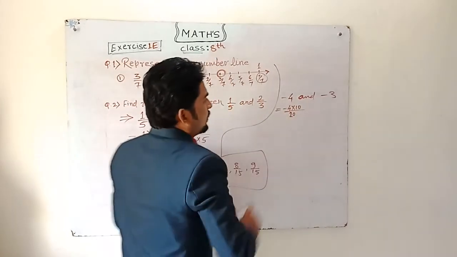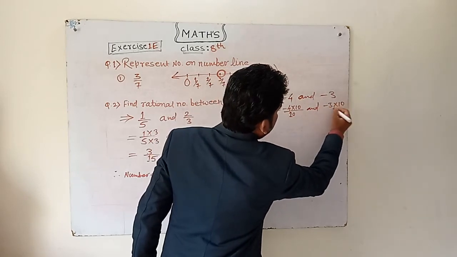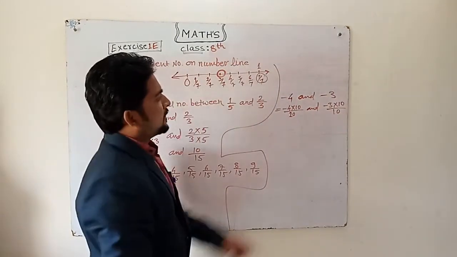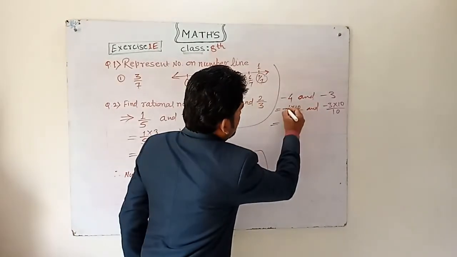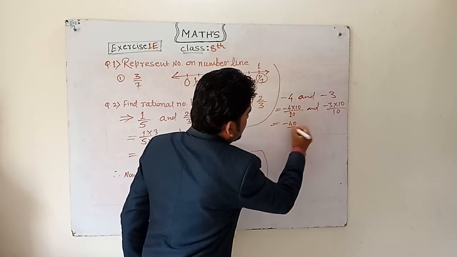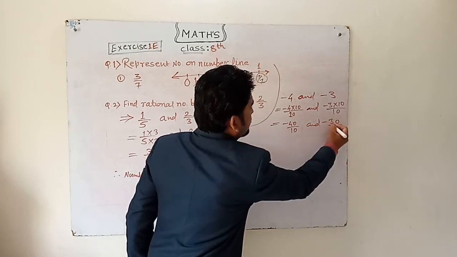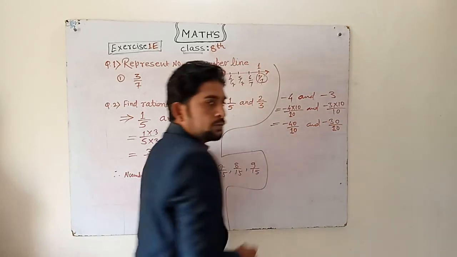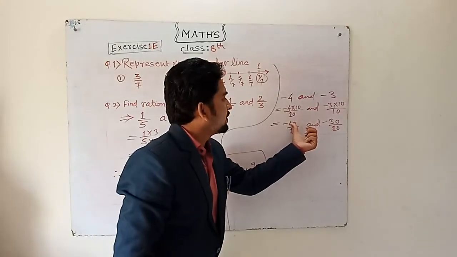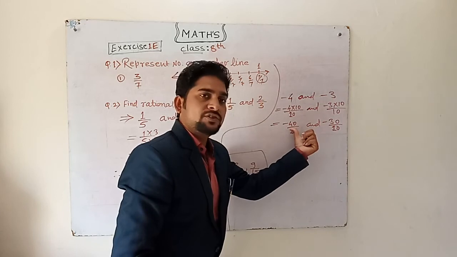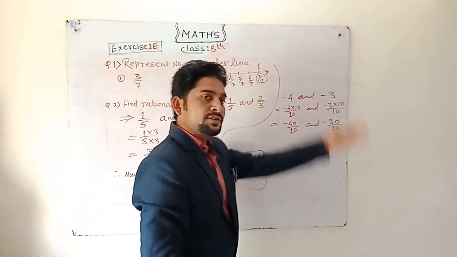No issue. And -3 into 10 divided by 10. We multiplied by 10 and divided by 10. So -4 into 10 is -40 by 10, and -30 by 10. Only two were asked. In between -30 and -40, there are -31, -32, -33, -34 up to -39.